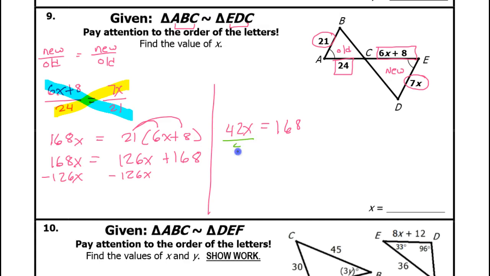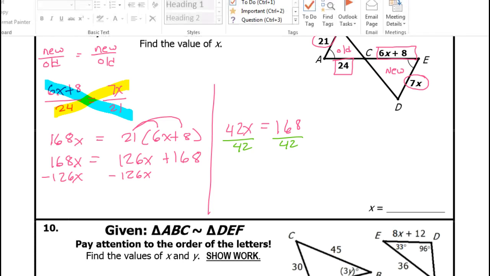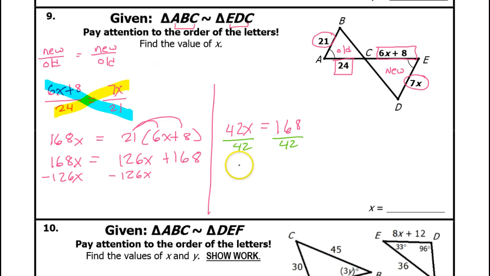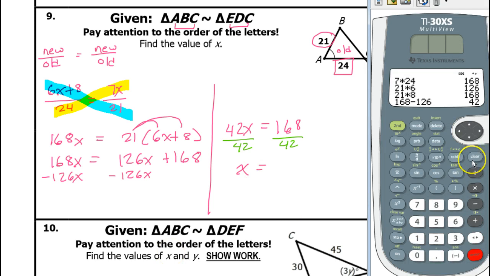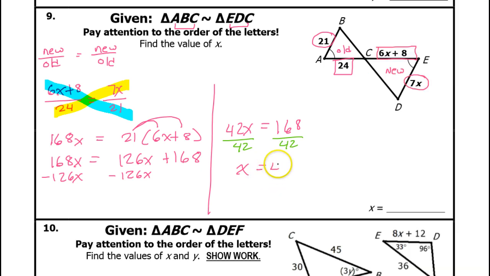So then I need to divide both sides by 42. And that's 4. So x is equal to 4.